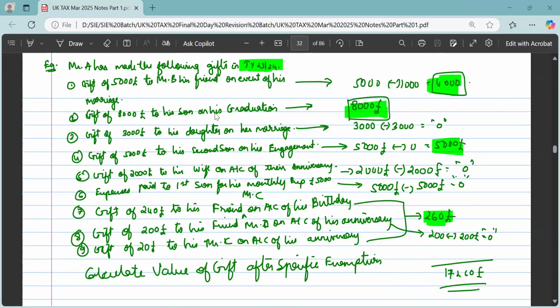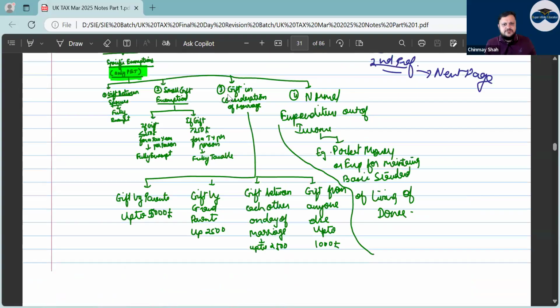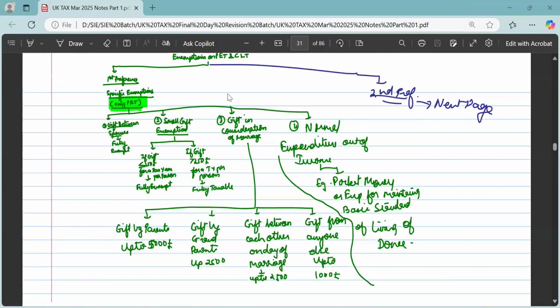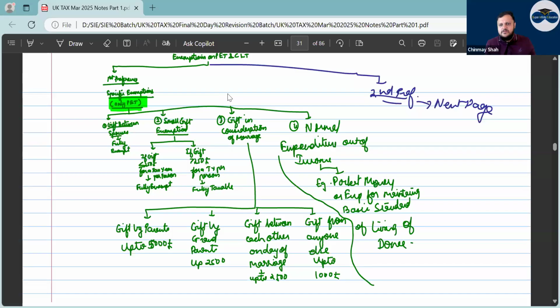These notes are not shared. For this PDF, I have not shared. I shared both the notes, no? Wait, not shared? No, it's not there in the group. Yes, sir, you have shared that. Wait.